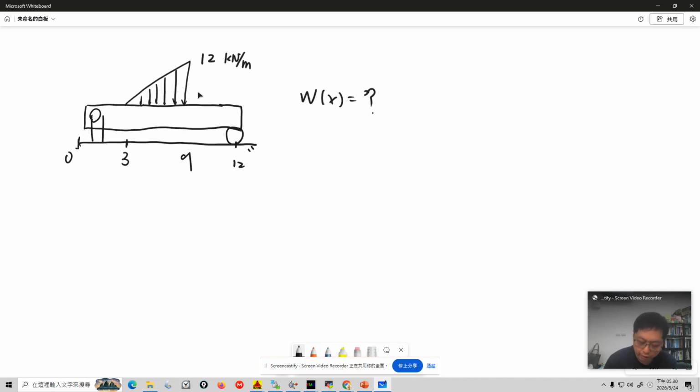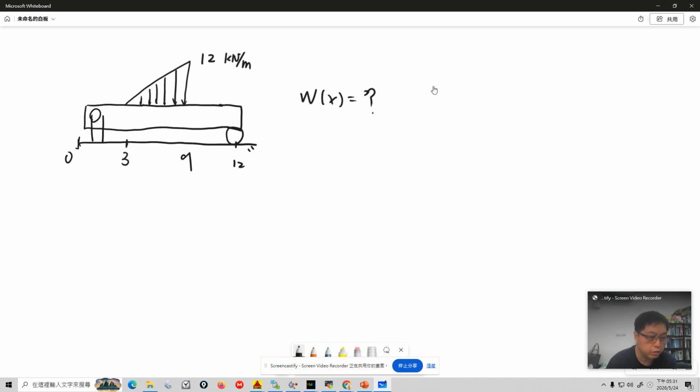Let's look at this triangle load. It's distributed from x equal to 3 to x equal to 9. The start is 0 and the end is 12 kilonewton per meter. We want to express this triangle distributed load by a discontinuity function. First of all, let us calculate the slope, because we need to know the slope.